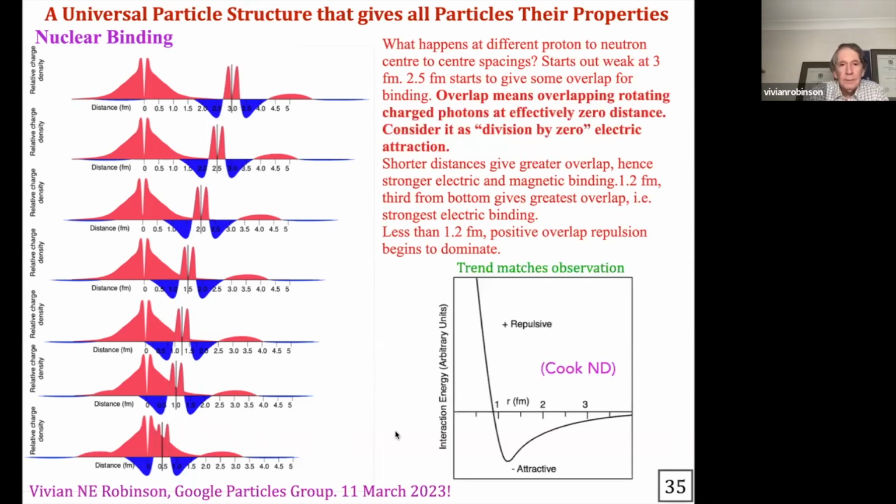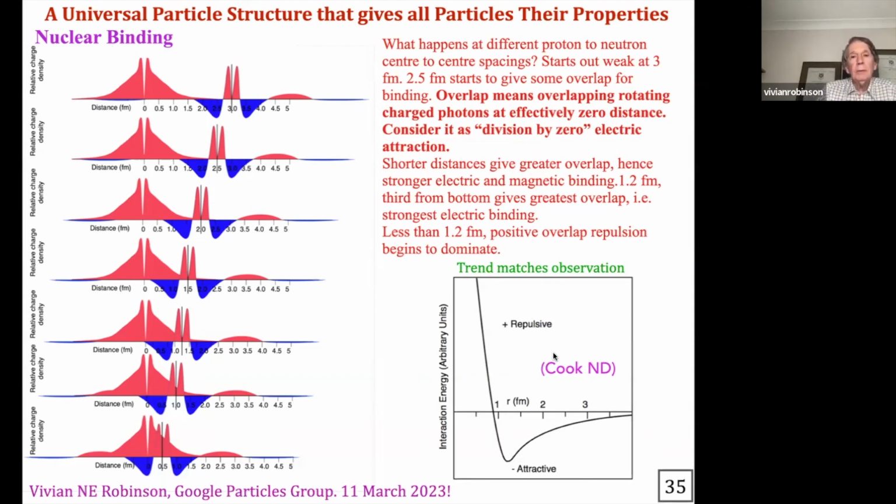I respectfully suggest that shows up in this work by Cook. It shows the relative binding strength versus distance, starting out at 3, 4, 3, 2, and about 1.2 is about the strongest, and suddenly it becomes very, very strongly repulsive. And I suggest that's the reason why.